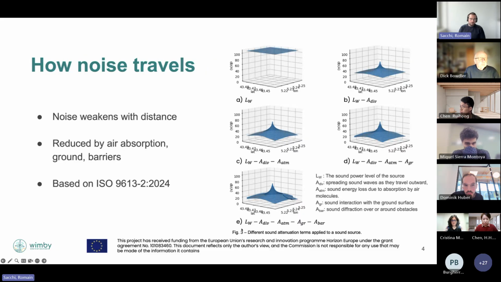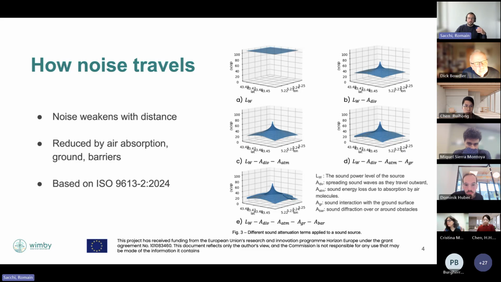So I'm not going to go too much into details, but the model, once given the location and the height of the wind turbine and a few other specifications, is able to calculate the propagation of a noise emission through space, and then it will add attenuation terms, which are physical effects that come to attenuate, to reduce, the propagation of this noise.